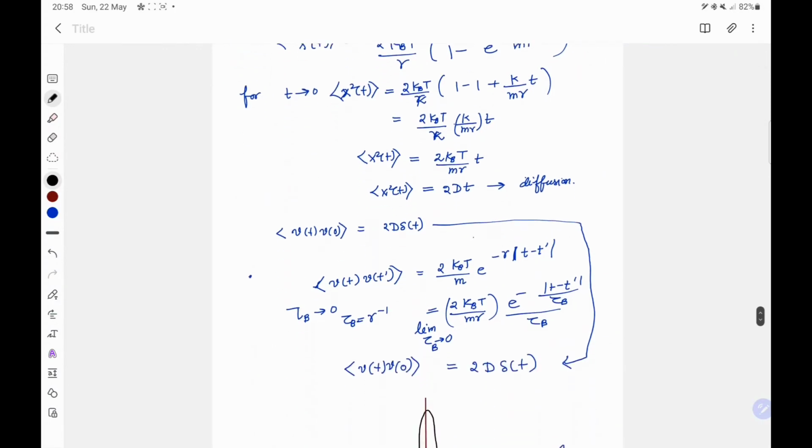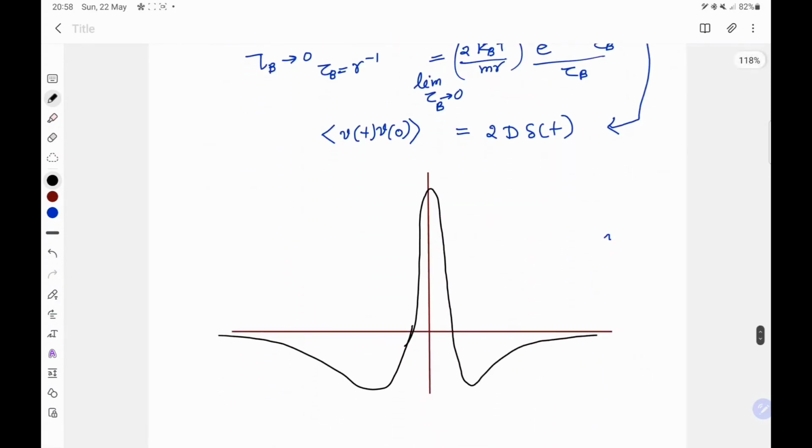And if you plot the mean square displacement, you will see that initially x square is linear in time, but then it saturates.